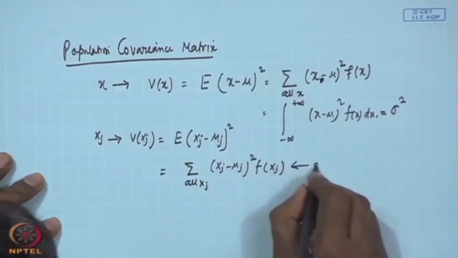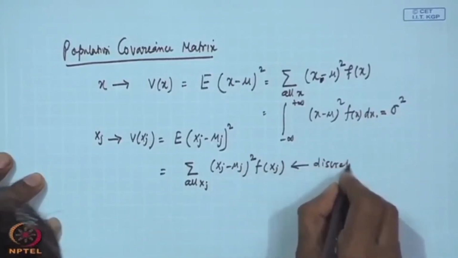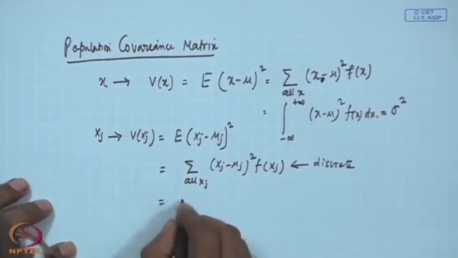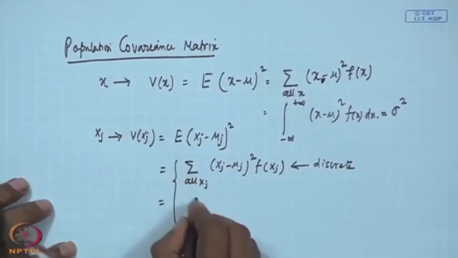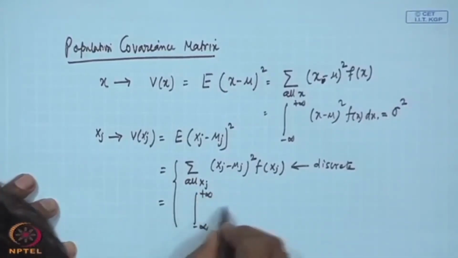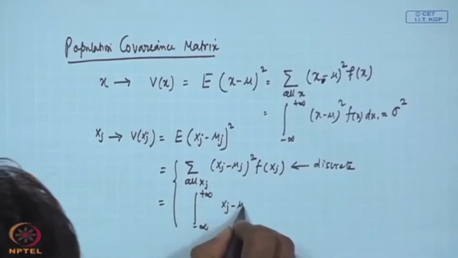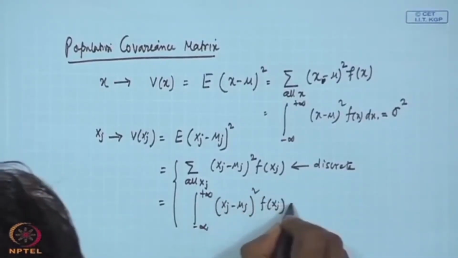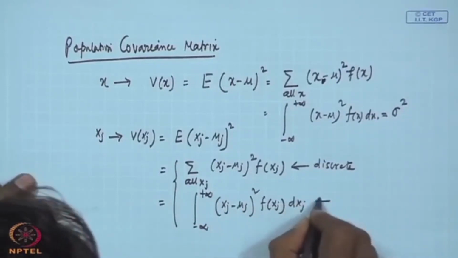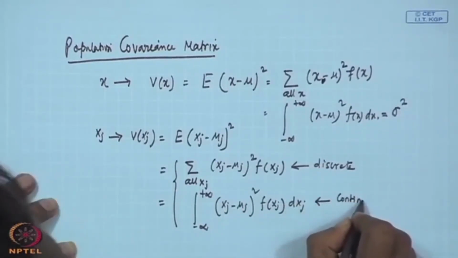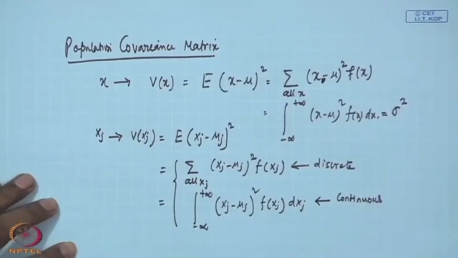This is for the discrete case. And you write like this, the integration from minus infinity to plus infinity of (x_j minus mu_j) square f(x_j) dx_j. This is your continuous case.